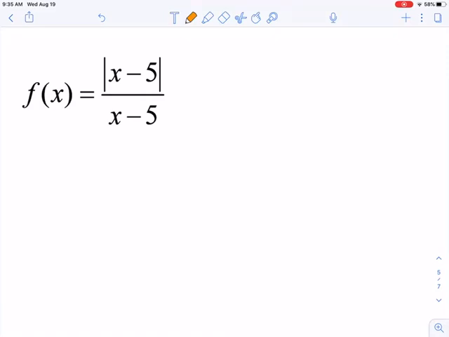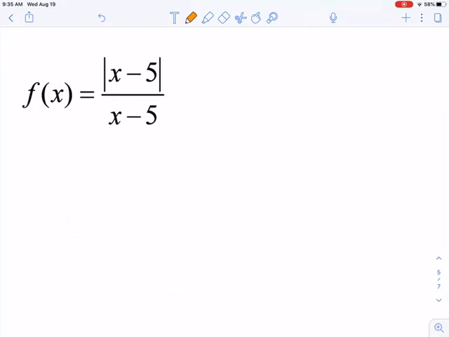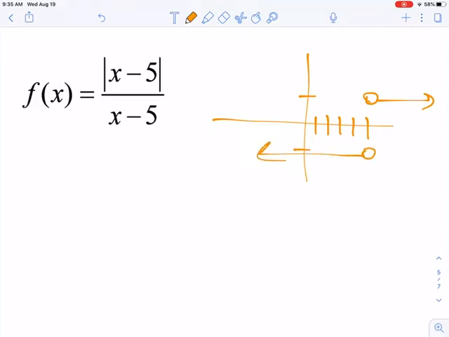Hopefully you remembered this graph a few moments earlier. Remember our graph, absolute value of x over x looks like this. So when I have the absolute value of x minus 5 over x minus 5, then we're just going to shift that 1, 2, 3, 4, 5 to the right 5.